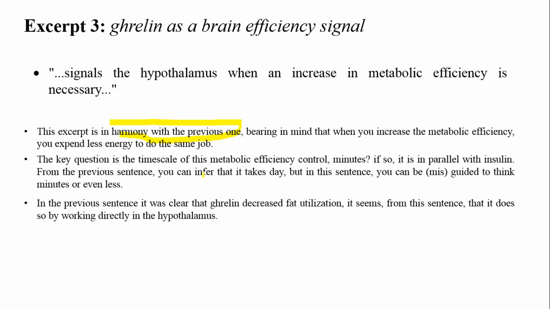It was clearly decreased fat utilization. It seems from this that the ghrelin works directly in the hypothalamus. It's a kind of signal to the hypothalamus that you can see here. So it seems that the ghrelin goes directly to the hypothalamus to do the job.